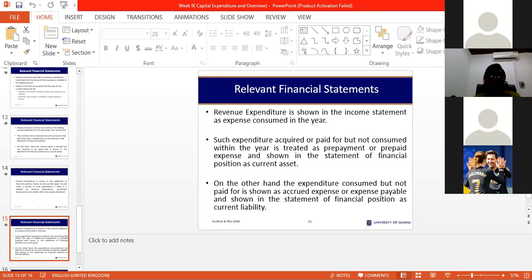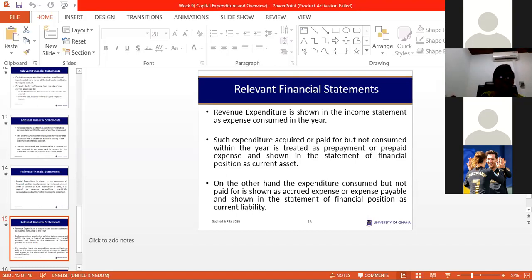So if a business is also on a postpaid water bill, then the amount of water bill they have incurred, they'll have to estimate it and include it in their financials when they are preparing the financial reports as a liability, money that belongs to Ghana Water Company, but they are yet to come for it. So it will be a current liability.